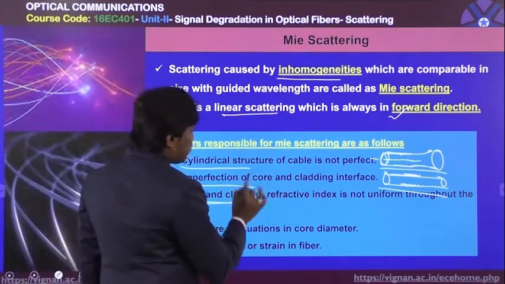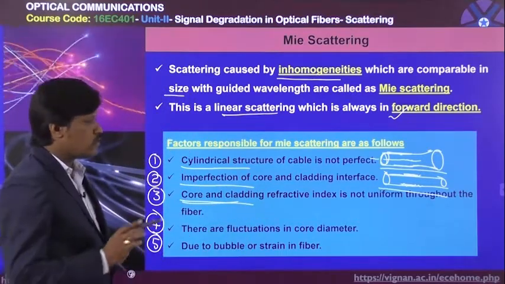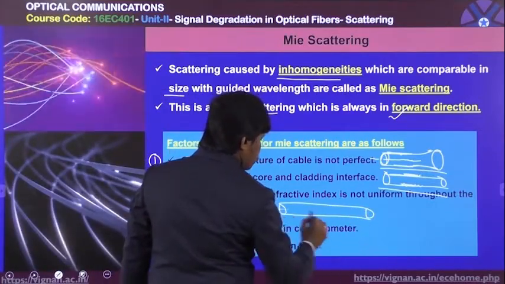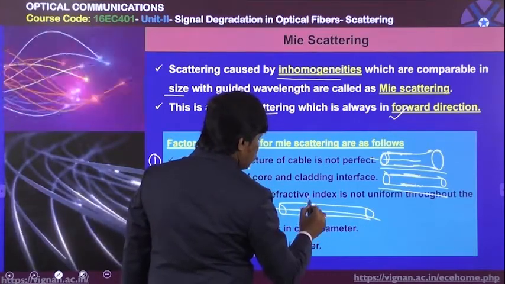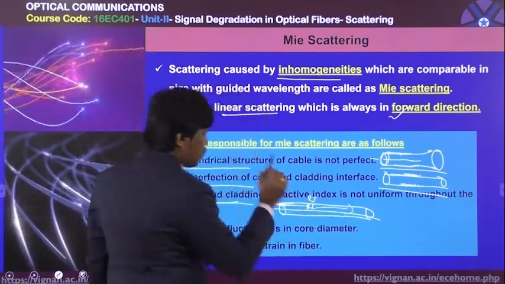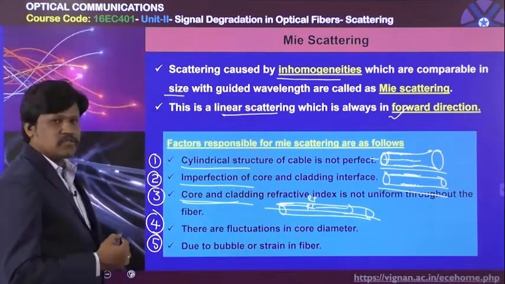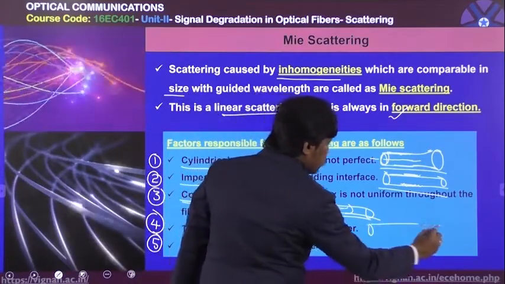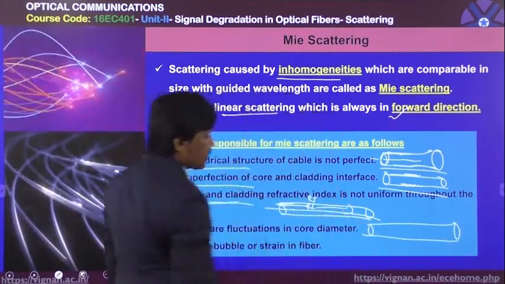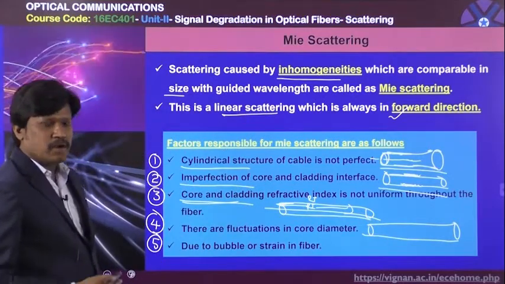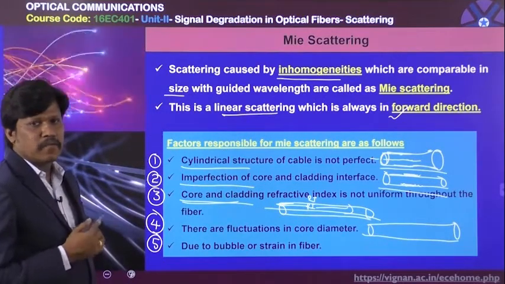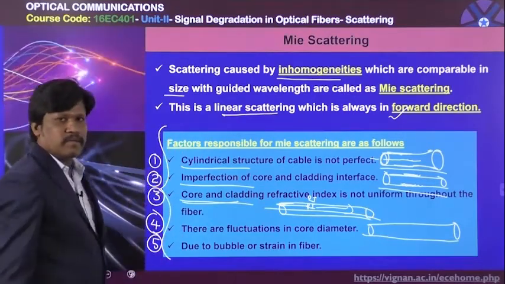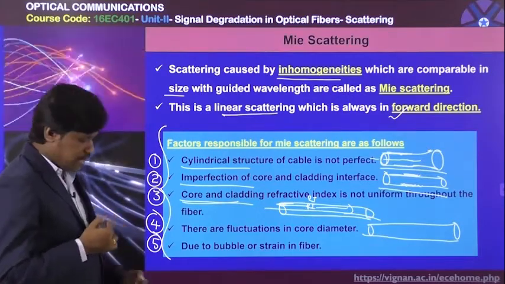The core and cladding refractive index should be the same throughout the cable, and there should not be any fluctuations in the core diameter. The core diameter should be uniform, and there should not be any bubbles or strain in the optical fiber cable. With proper precautions, we can reduce Mie scattering.